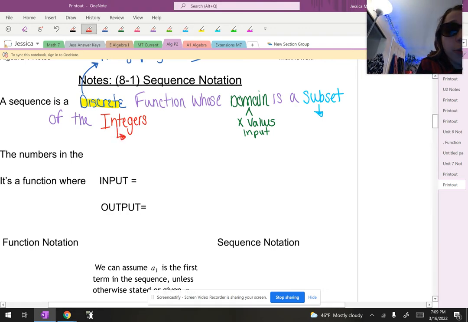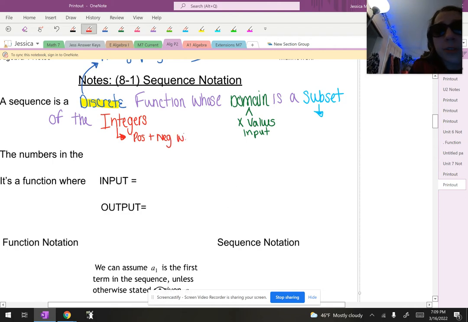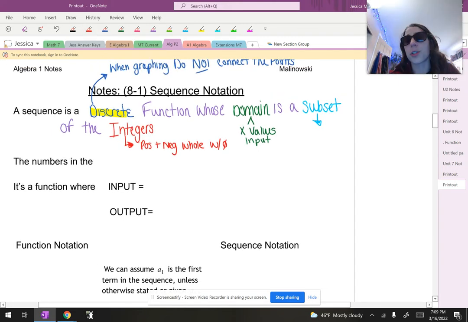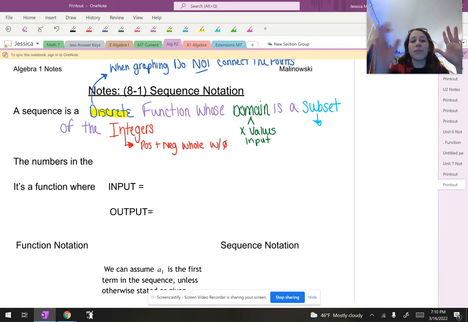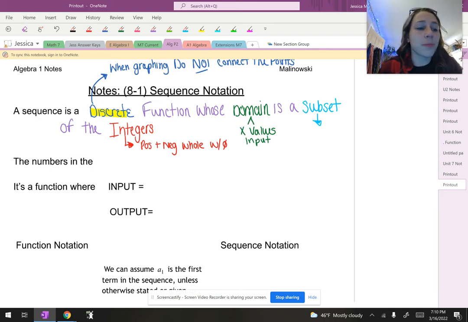So integers, hopefully you know what integers are. Integers are your positive and negative whole numbers with zero, because zero is neither positive nor negative. So if you have a set of numbers like the integers, where you're talking about all the positive and all the negative numbers and zero, a subset of those would just be the positive ones, that's part of the set.